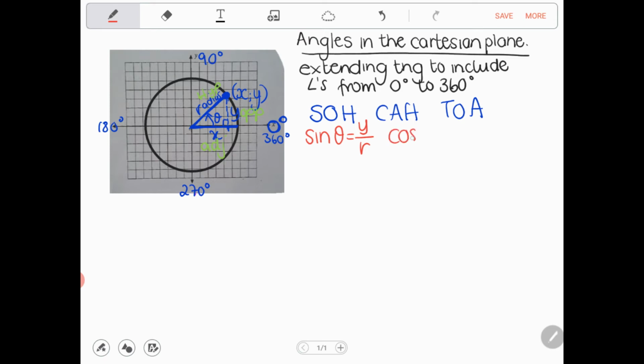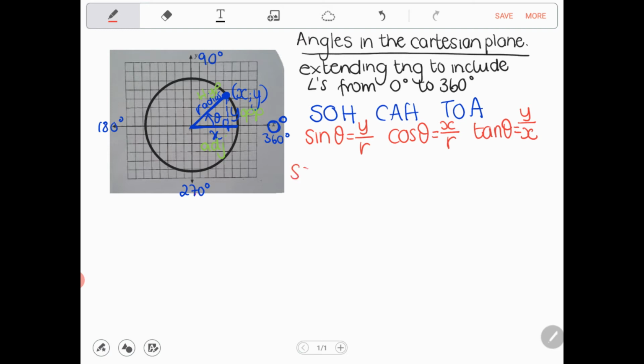Cos of theta, which is normally a over h, is going to end up being x, which is the adjacent side, over r, and tan, which is normally o over a, is going to end up being opposite y over adjacent x. So when we work on a Cartesian plane, instead of using SOHCAHTOA, we use sine is y over r, cos is x over r, and tan is y over x.